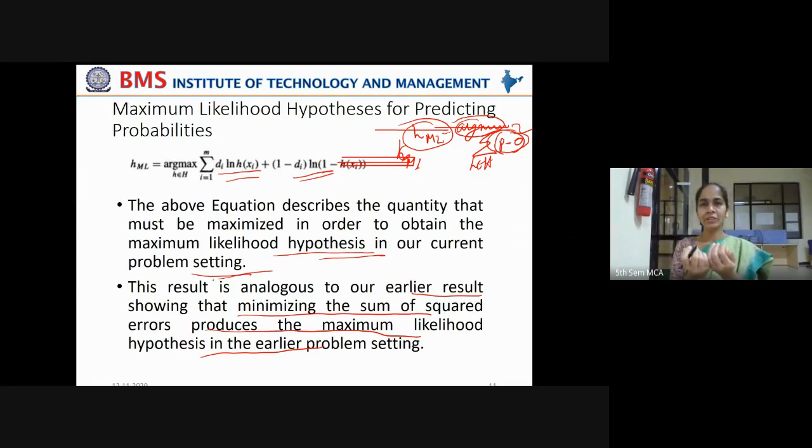It means that as much as you reduce the prediction error, the probability of that hypothesis becoming true with the training examples will increase. That is called your maximum likelihood hypothesis. In this case, what we are doing is trying to maximize the occurrence of an event to put it into the positive class, or non-occurrence of that event to put it into the negative class. Okay, the approach is the same. That is what they are trying to explain.